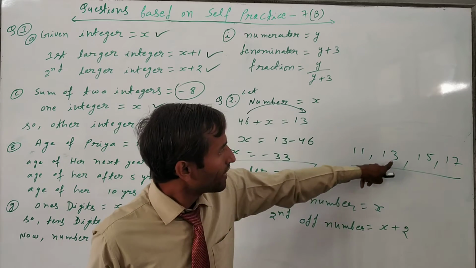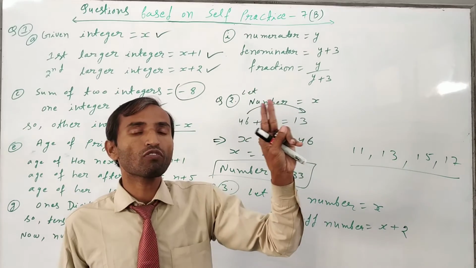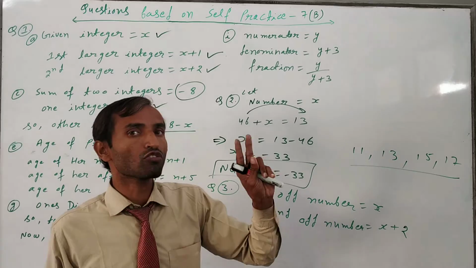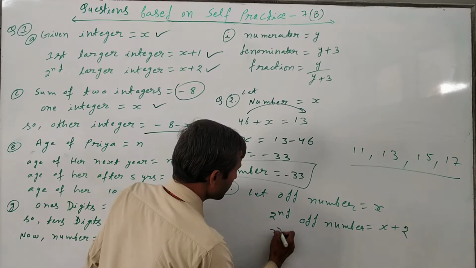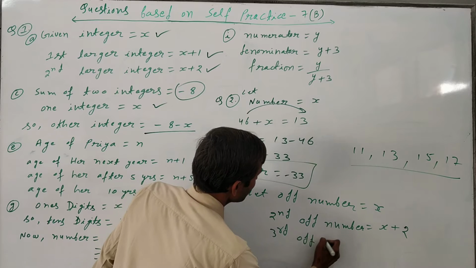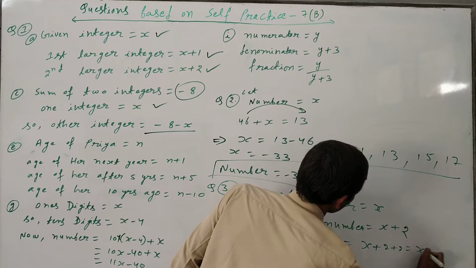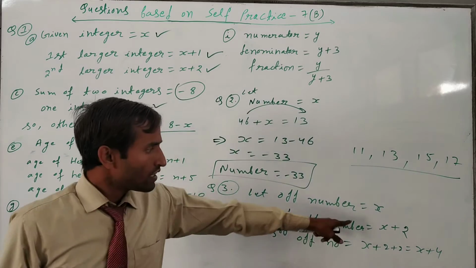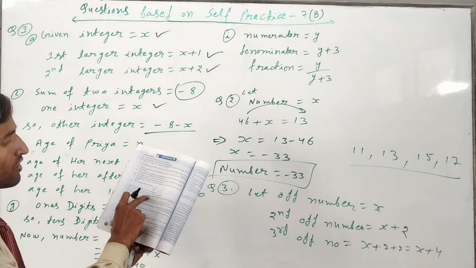Just see, between 11 and 13 the gap is 2. Between two consecutive odd numbers the gap is always 2. That's why we have added 2. So these are the 3 consecutive odd numbers, and their sum is 33.